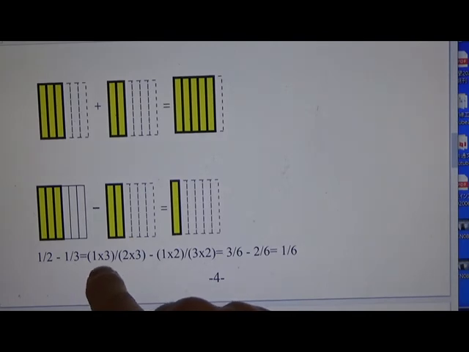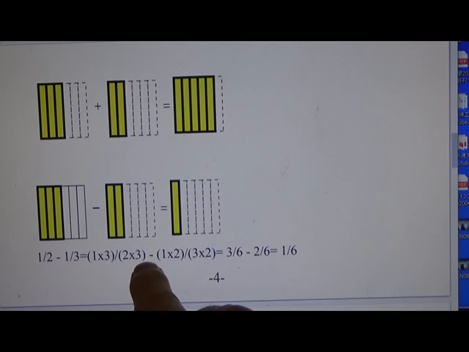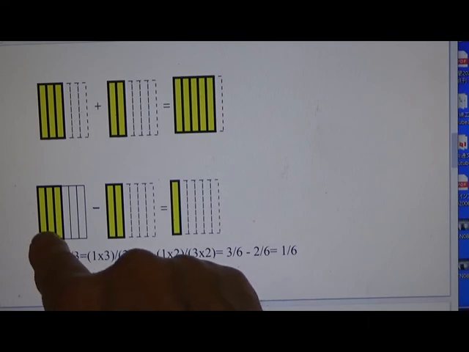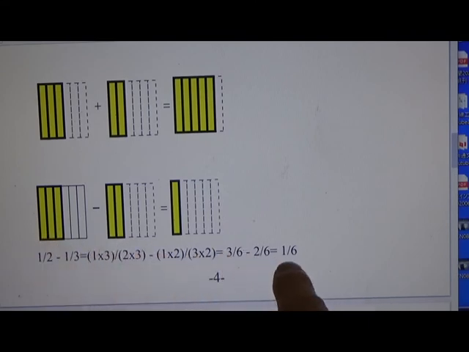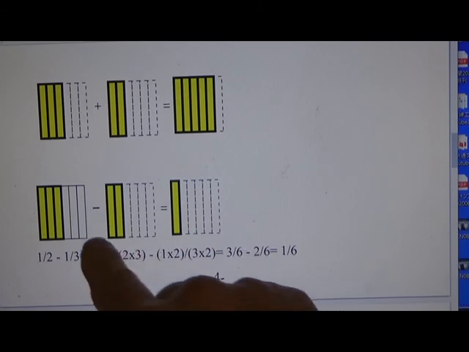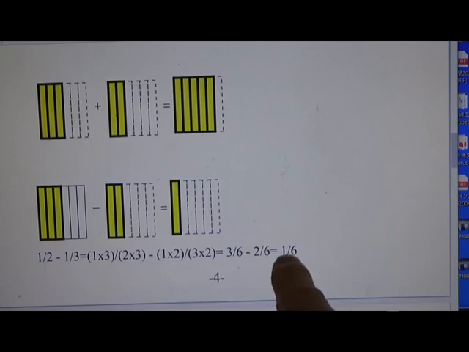That is 1 multiplied by 3 divided by 2 multiplied by 3, minus 1 multiplied by 2 divided by 3 multiplied by 2, which is 3 over 6 minus 2 over 6, which is 1/6.